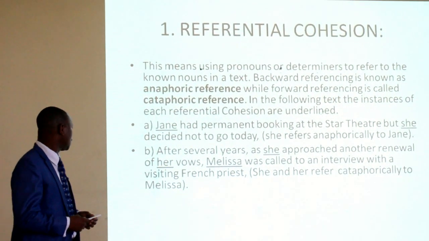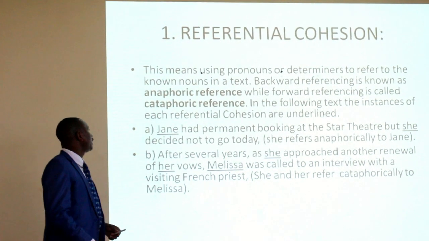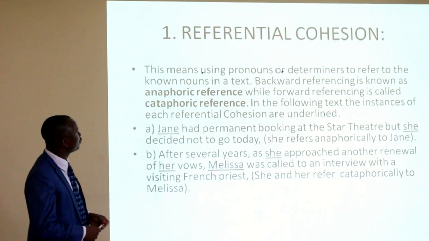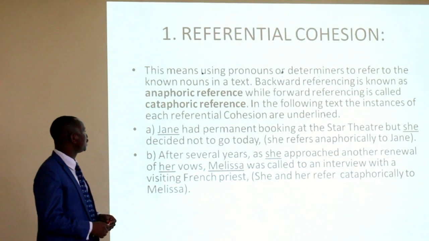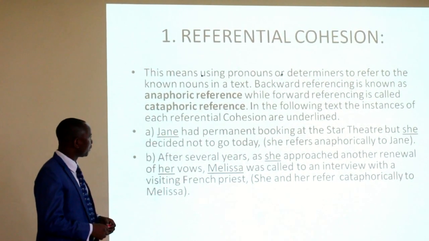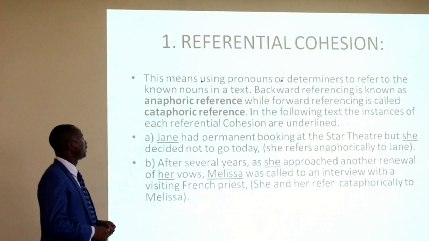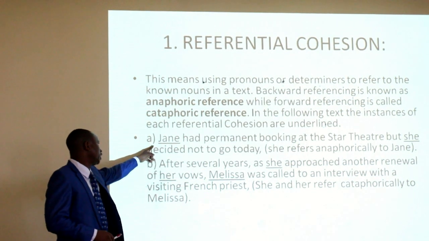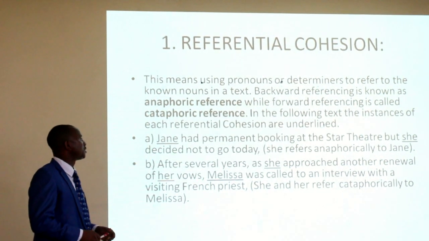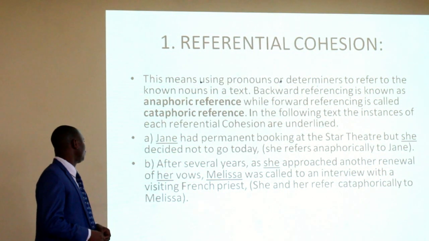Let's see these sentences. Sentence A: "Jane had permanent booking at the Star Theatre, but she decided not to go today." So, "she" refers anaphorically to Jane, and this is anaphoric reference.